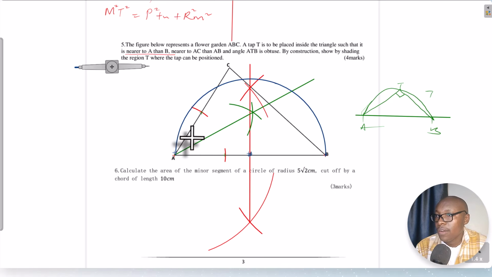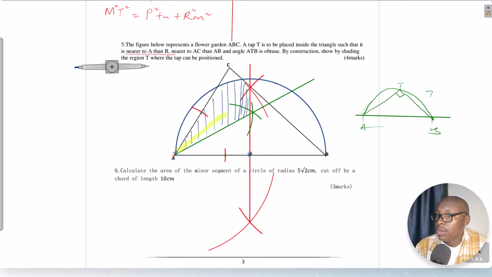So the tap should be around this region that is here. Let me shade this one properly. So it's supposed to be located inside there. That is the region.